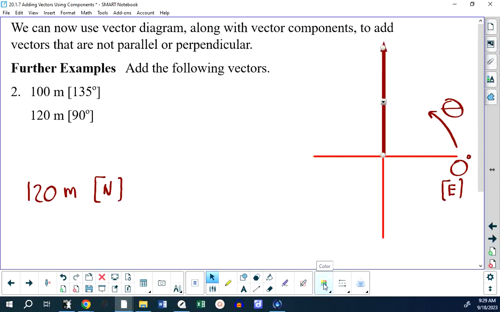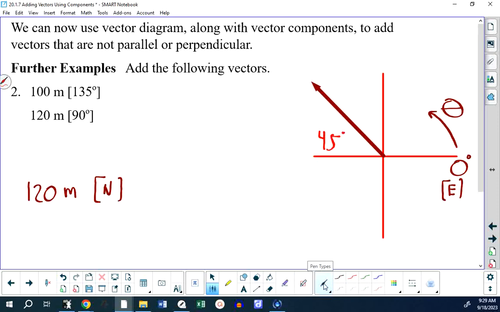To get to 135, I have to go 45 more. That means this angle of 135 will be 45 degrees in between those two axes. I could write 45 degrees east of north, but I would much rather write 45 degrees north of east. So this one is 100 meters, 45 degrees north of east.